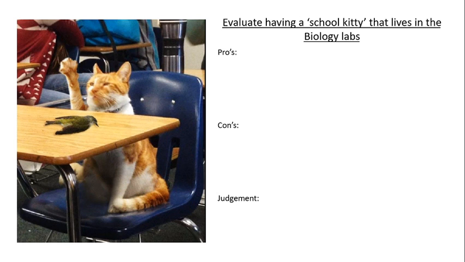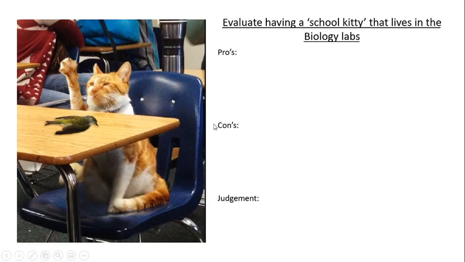So if I wanted to evaluate having a school kitty cat that lived in the biology lab, notice I've already got on my board 3 key ideas that go into my evaluation. I'm going to be writing about some pros, in this case, of having a school kitty cat living in biology.